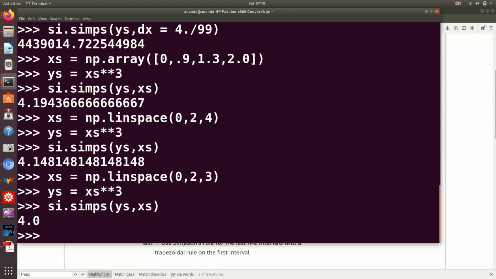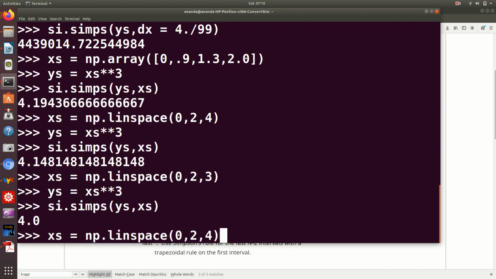So yes, I get an exact result provided I am using an even number of intervals. So averaging, that is usually a good thing, actually turned out to be a bad thing this time. So with only 3 equally spaced points, I am getting an exact result for even a cubic function. But for unequally spaced points, I will not get an exact result for a cubic function.